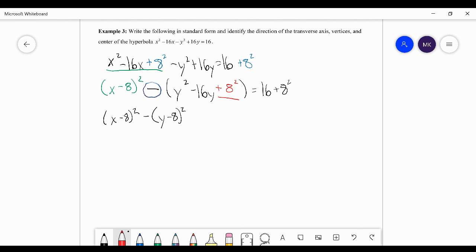So on this left-hand side, I subtracted 8 squared. So I need to also then subtract 8 squared on this right-hand side to balance this out, right? And that is simply because if I distribute, we have a negative 8 squared. So that's where that's coming from. Now, what's cool about that is that means that these are gone.